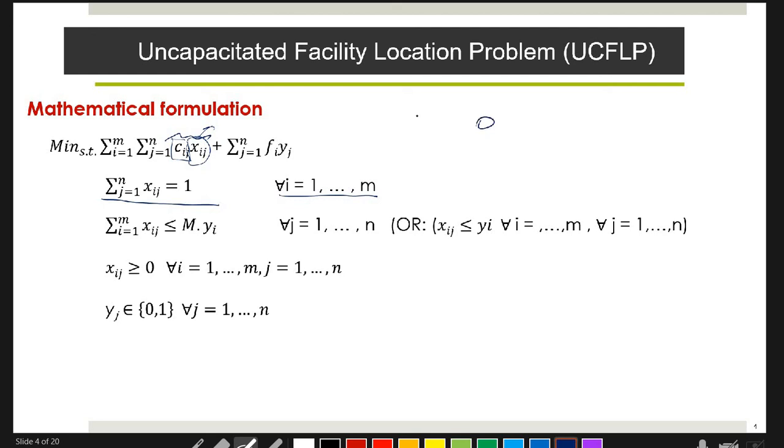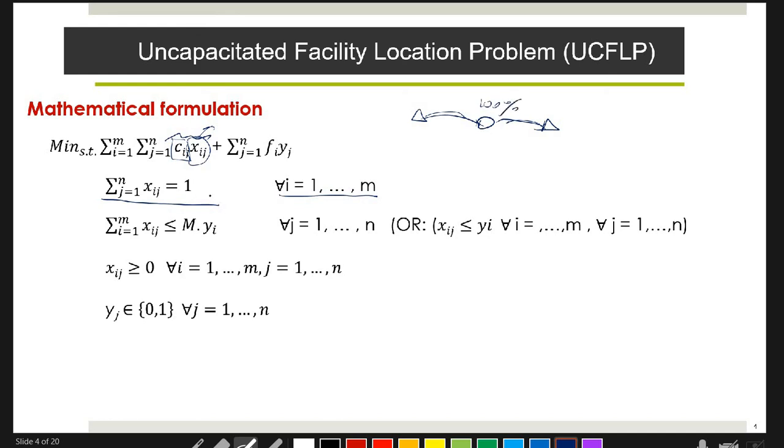If there is such a customer and there are two facilities satisfying some proportion of the demand of this customer, then the sum of the demand satisfied from these facilities should add up to 100%.